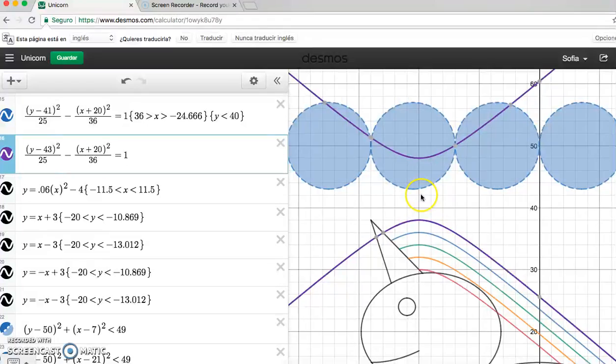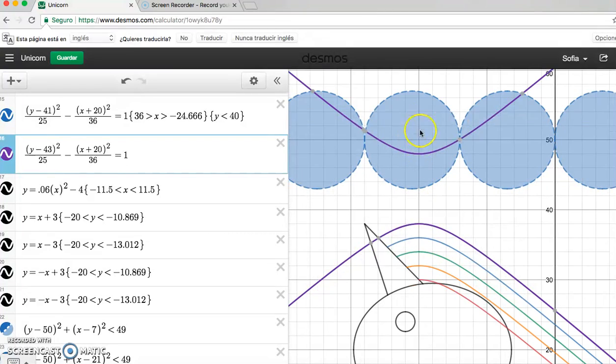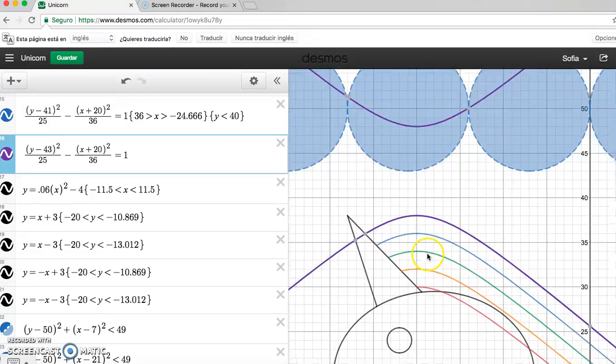So from the center point, you go 7.8 up and 7.8 down. That is approximately over here and over here.